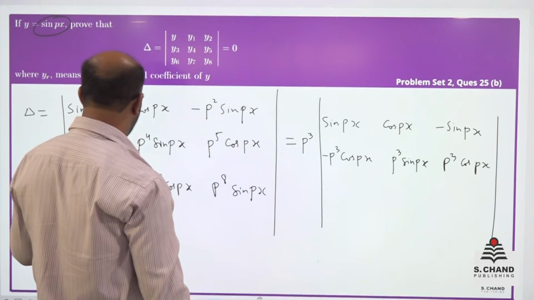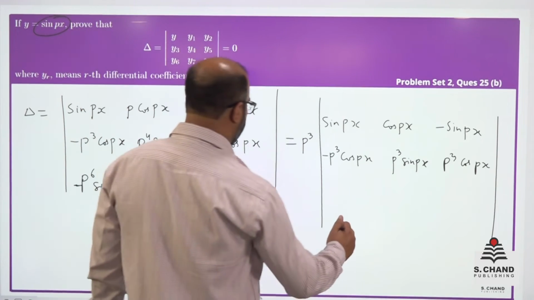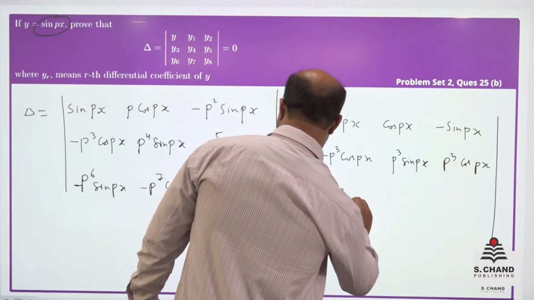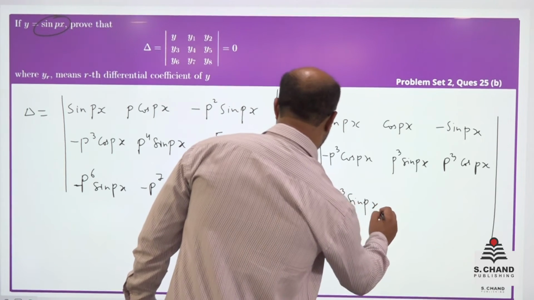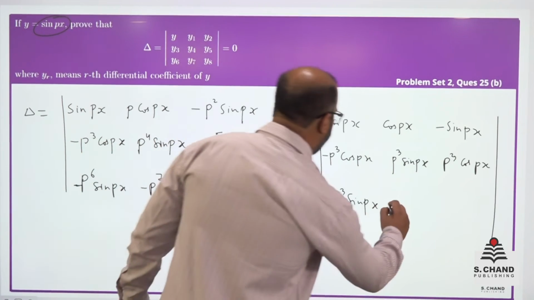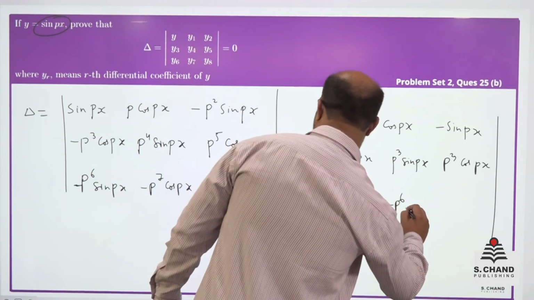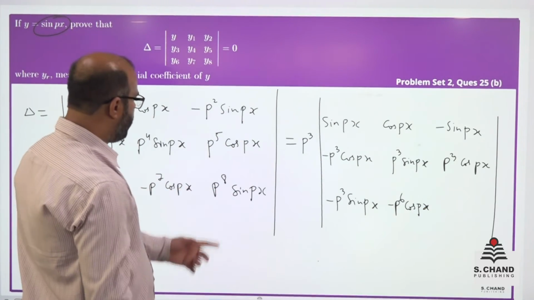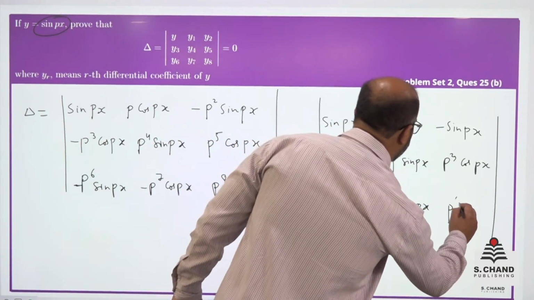Then we have minus p to the power 6 sin px. So p cube is taken common, minus p cube sin px. Here p you have taken common, minus p to the power 6 cos px. Here you have taken p square common, p to the power 6 sin px.